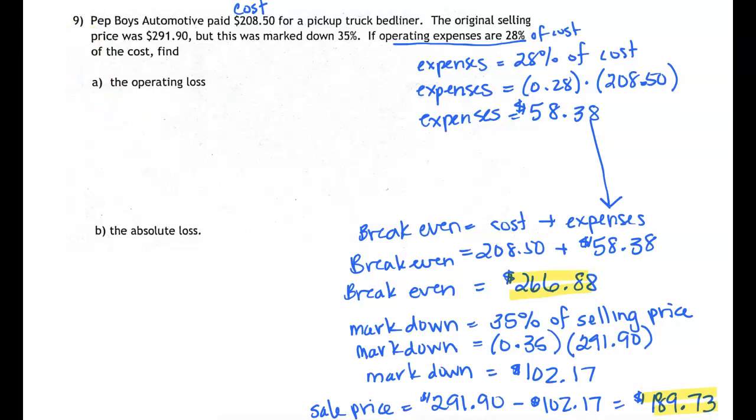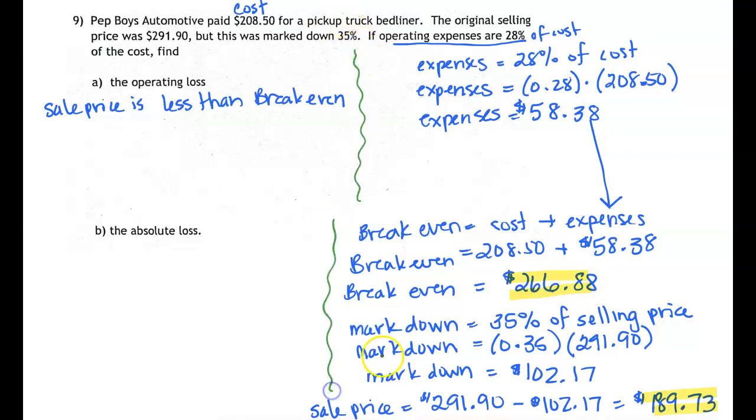To calculate our operating loss, an operating loss is when the sale price is less than the break even. Our sale price is $189.73, and the break even was $266.88. So yes, there is an operating loss.